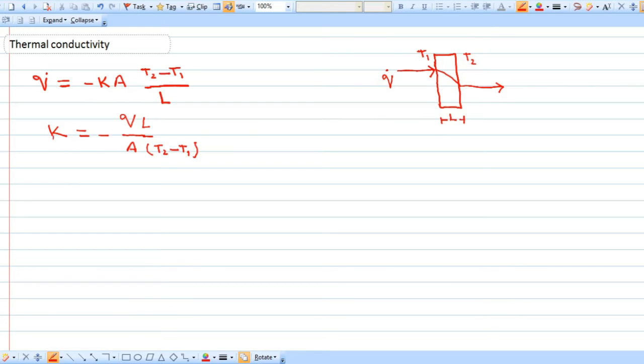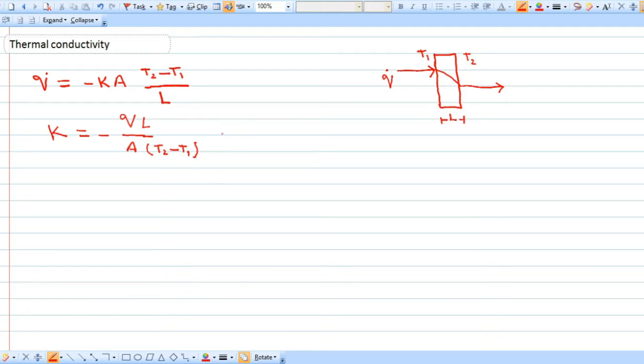From this equation we define thermal conductivity K as the amount of heat conducted through a wall of unit thickness. If the temperature difference across the faces of the wall is maintained at one degree and the area perpendicular to the direction of heat flow is unity, then the quantity of heat flow through the wall will be equal to the thermal conductivity of the material.